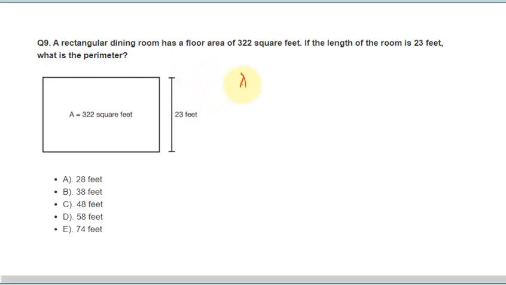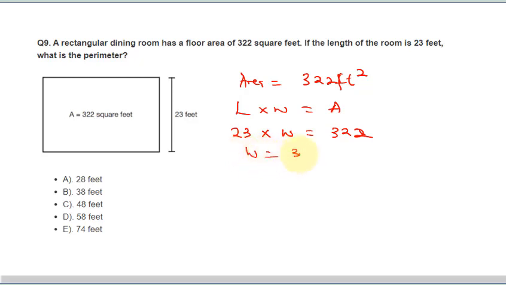So the area is 322 square feet. Remember, your length times your width gives you your area. So if we have 23 multiplied by width, it's going to give us 322. So our width is going to be 322 divided by 23.